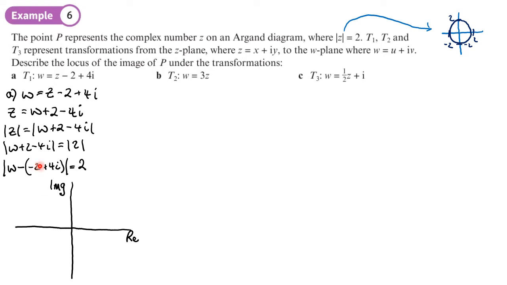So this transformation here, T1, is a translation. The circle moves across so that its center is now at -2, 4. So let's put that here. So 4, -2. The radius of the circle remains the same, so it hasn't got any bigger or any smaller.